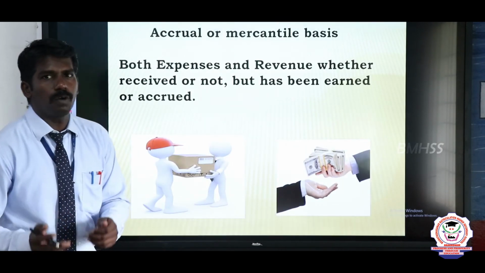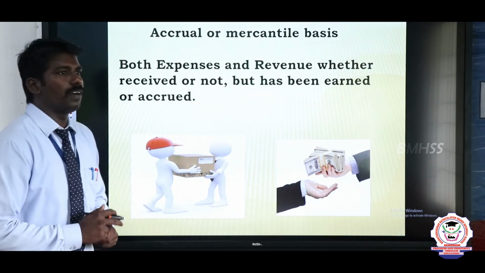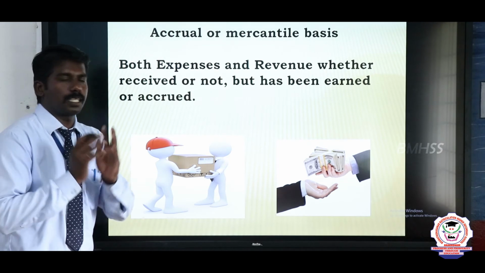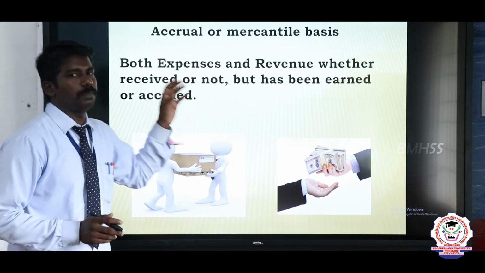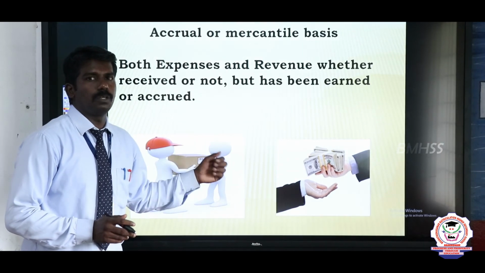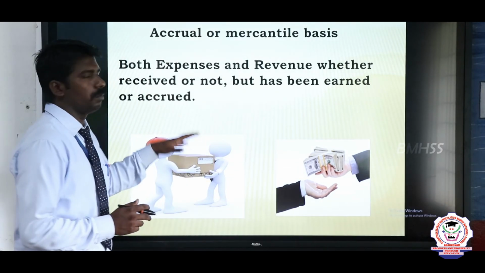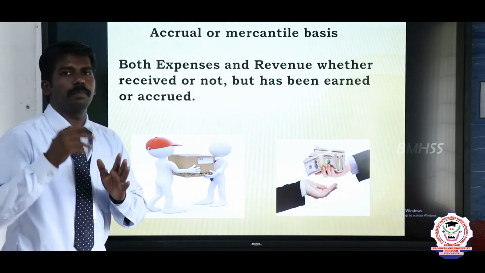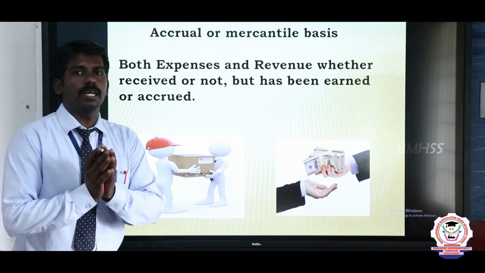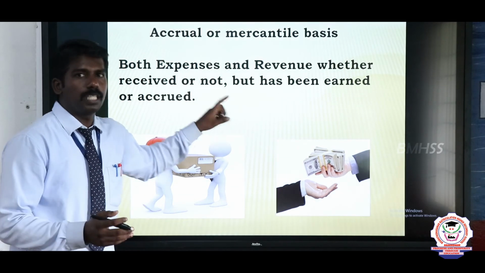Next one is the accrual or mercantile basis. Whether the expenses or income are paid or not, once they have been earned or accrued in the business organization, they will be recorded. In accrual basis, whether expenses are paid or accrued, and whether income is received or accrued, it should be recorded.